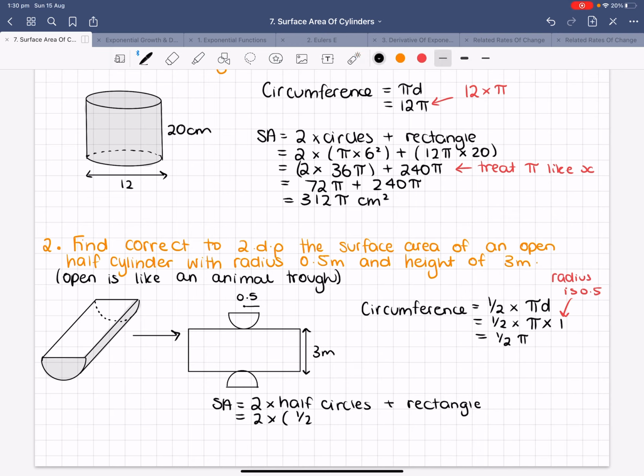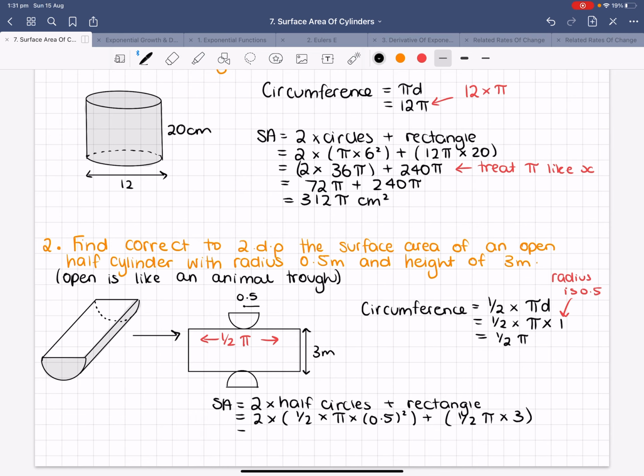A half times pi r squared, where our radius is 0.5 squared, plus the area of our rectangle. Well, this circumference length is the half pi, so that gives us that length there. And then we want to times it by 3. So it's going to be a half pi times by 3.